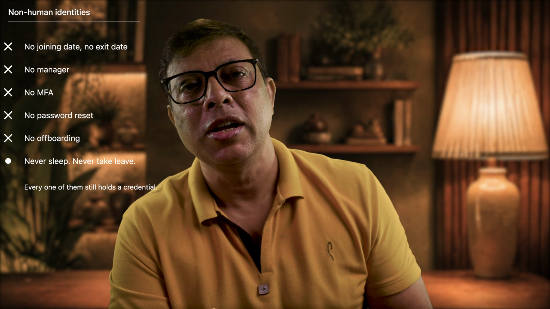And the research on this is genuinely alarming. Entro Security found that 47% of non-human identities had not been changed in over a year. Research published this year found that 8% of enterprise identities have no link to any HR systems at all because the person who created them has left the company already. Nobody owns them, nobody can even say what they are for.